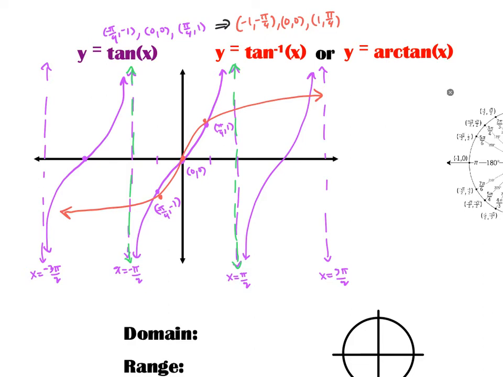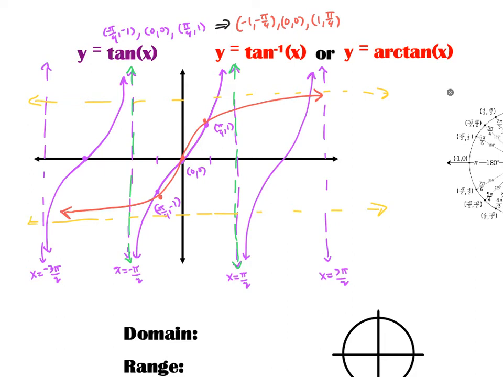But it actually has horizontal asymptotes. So the vertical asymptotes of tangent of x show up as horizontal asymptotes for arctangent. So I'm going to draw those here in yellow. And then we can talk a little bit about what these limitations will be based on tangent.